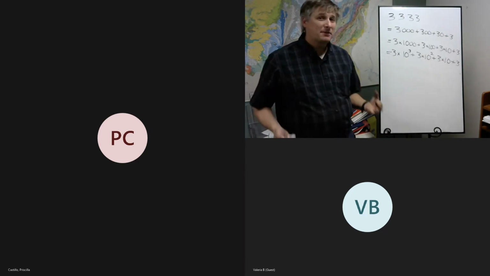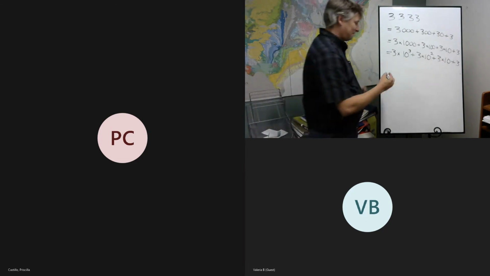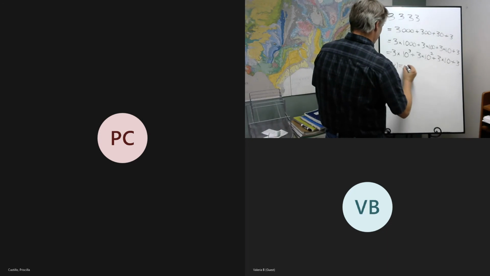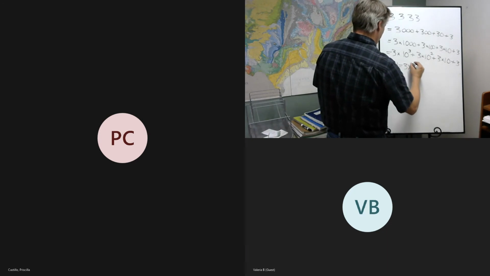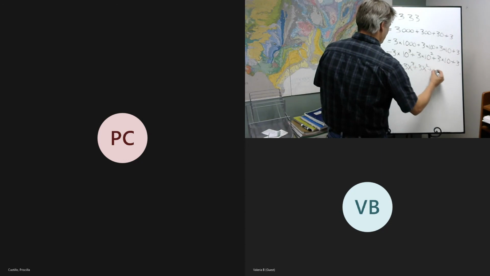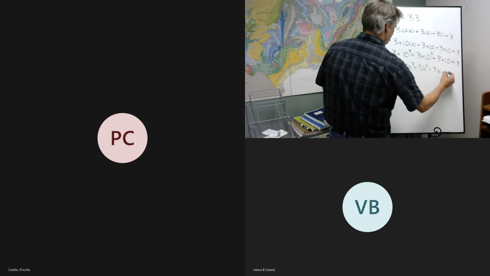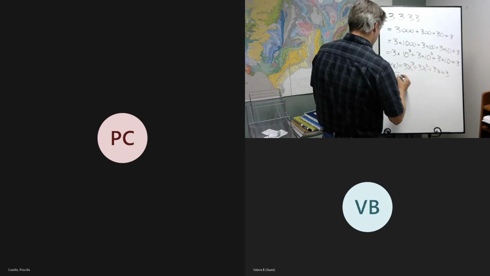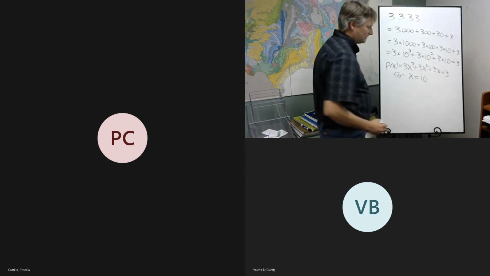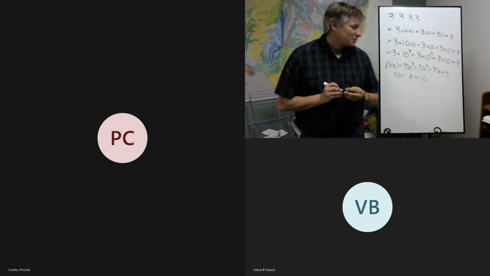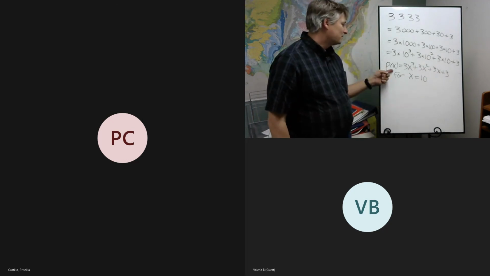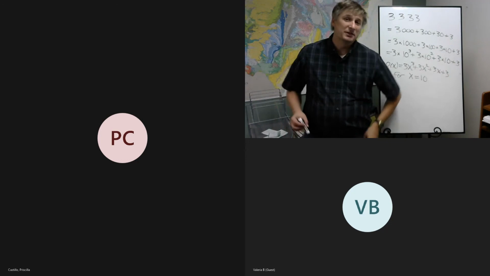So we could write this number like this. $3,333 is this polynomial when we let x equal 10.